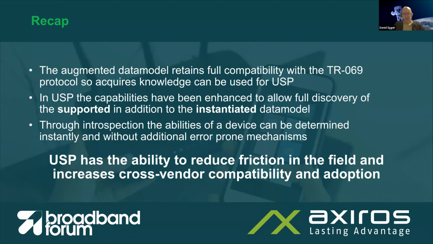We basically haven't taken away any of the possibilities. We just enabled more possibilities, and we also kept all the shared information between TR69 and USP. So if you already have knowledge, data models, or workflows, you can directly translate your existing knowledge from TR69 into the USP world.